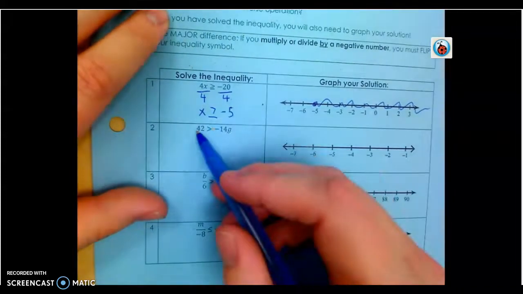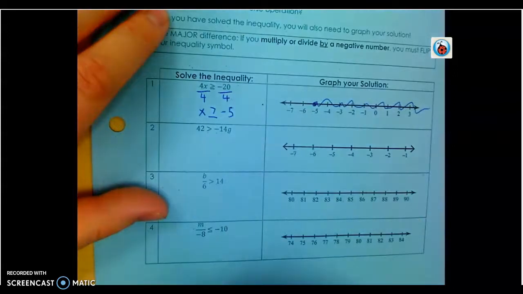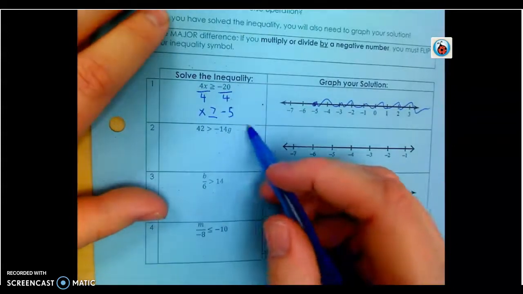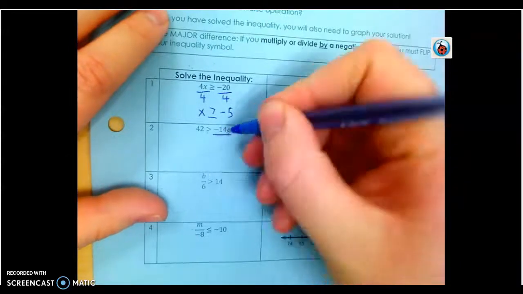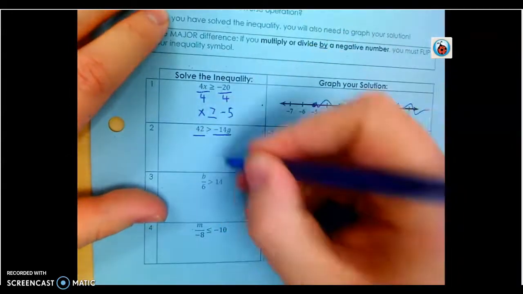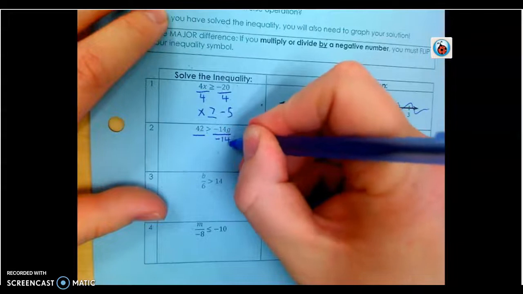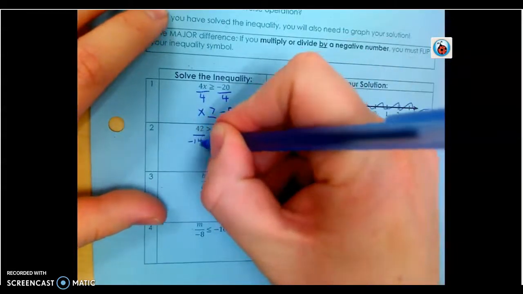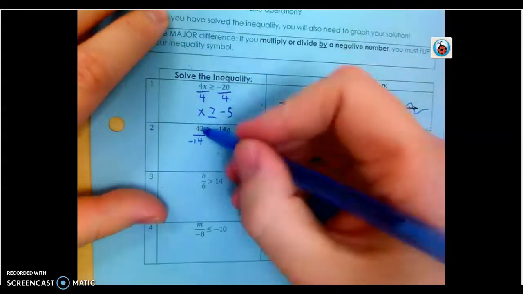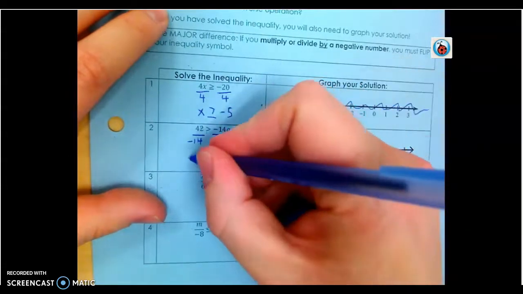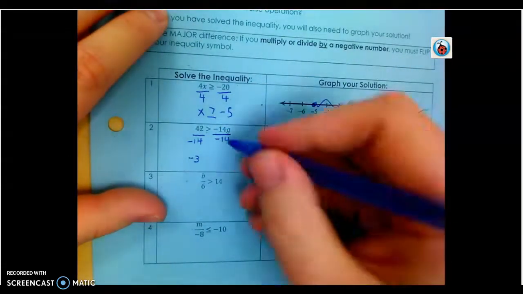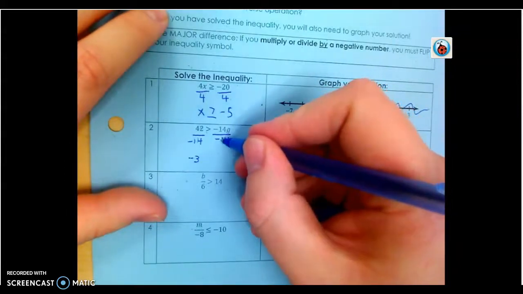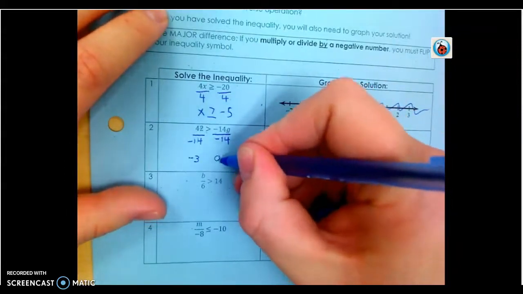Number 2, 42 is greater than -14g. Even though g is on the other side, don't let it scare you. We need to divide both sides by -14. 42 divided by -14 is -3. -14g divided by -14 is just g.